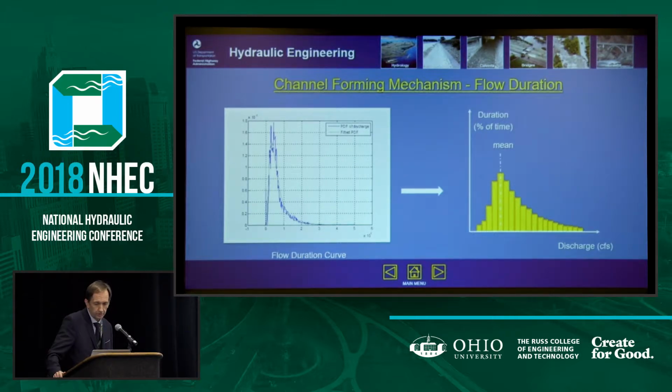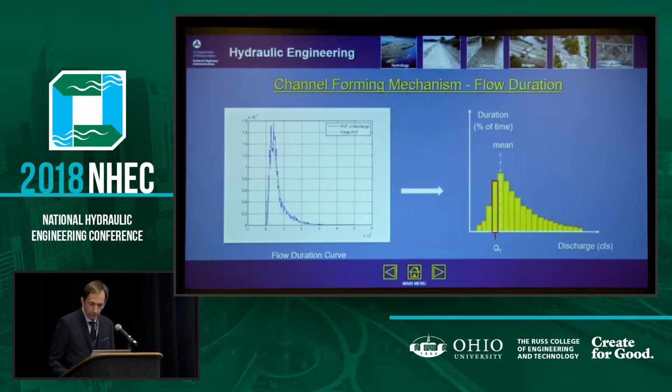What that shows is, on the x-axis you have the flow rates, discharges, and on the y-axis you have the duration. So for instance, the high flows, like maybe the Q50, the Q100, don't occur very long, but the lower flows or mean flows occur way longer over a certain duration.